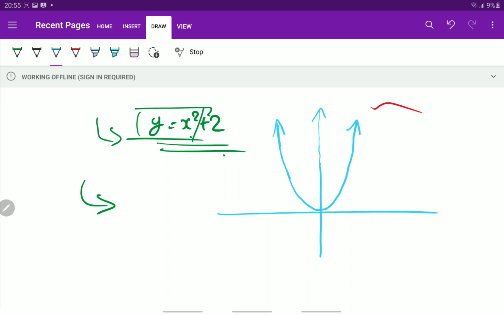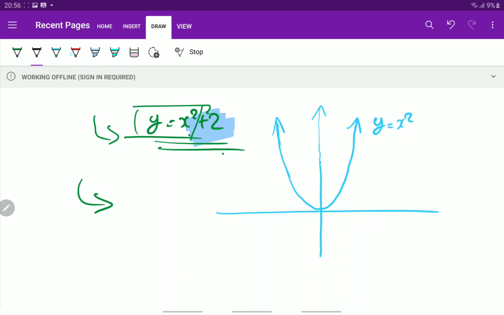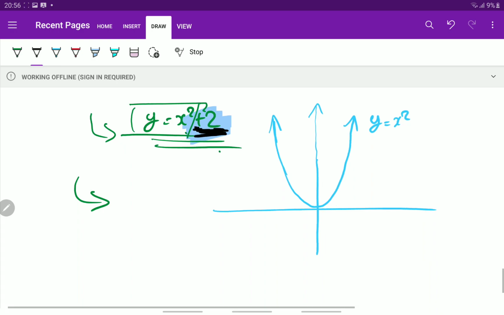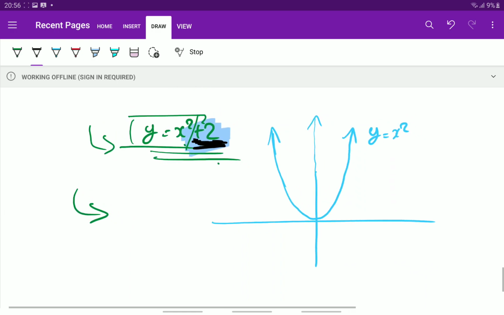Now, what does this plus 2 do to it? We realize we have this plus 2, but what really can it do? Well, all this plus 2 is doing is shifting the graph upwards by 2 units, right?